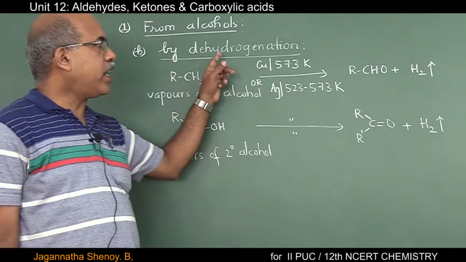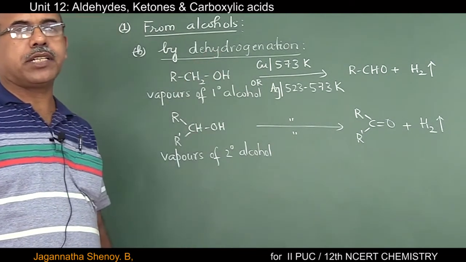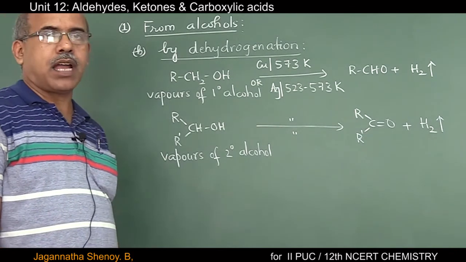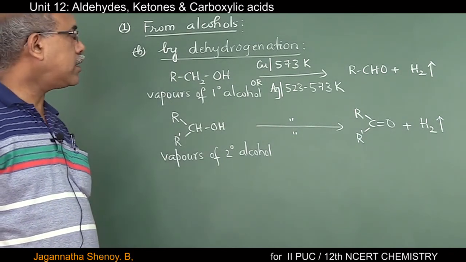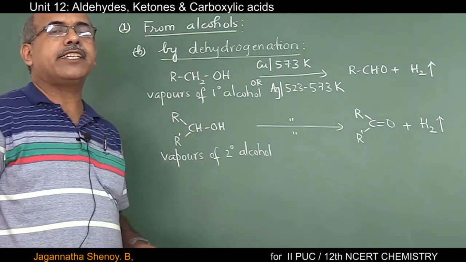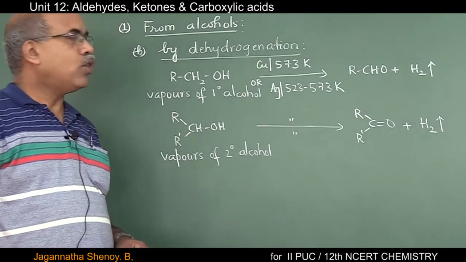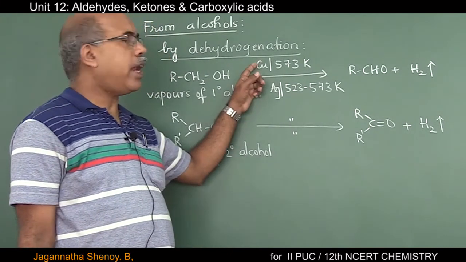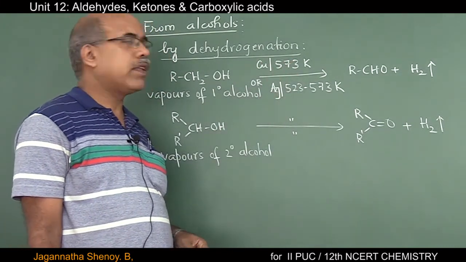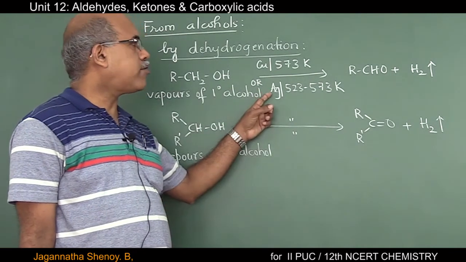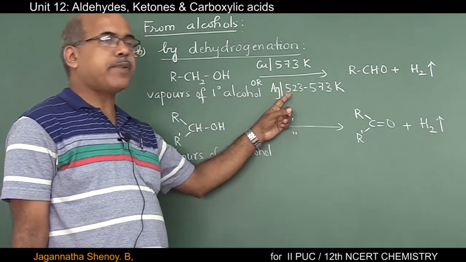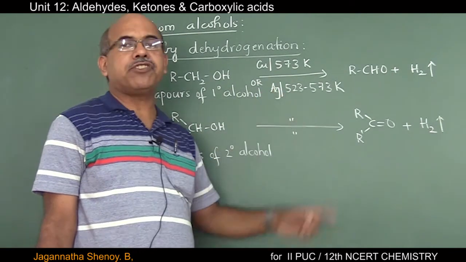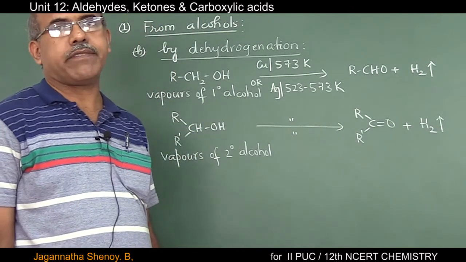You have already studied about dehydrogenation reaction in the previous chapter, alcohols, phenols and ethers. It is just the repetition of the same. You know, the dehydrogenation catalyst can be copper at 573 Kelvin, or one can make use of silver catalyst at a temperature of 523 to 573 Kelvin.